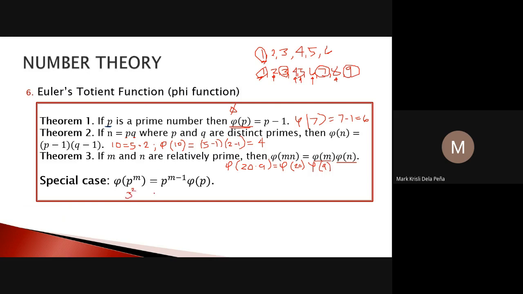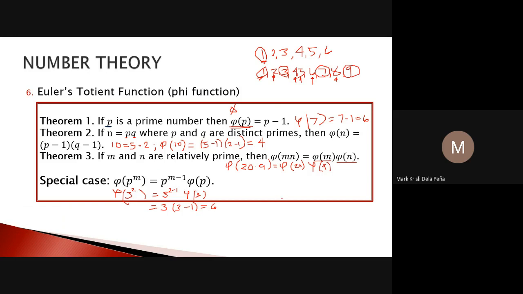So we can get the totient of 9 by 3 squared minus 1 times the phi of 3. So we'll have 3 to the power of 2 minus 1, which is 3. Then the phi function of 3 is 3 minus 1. That means 6. So there are 6 numbers relatively prime to 9.